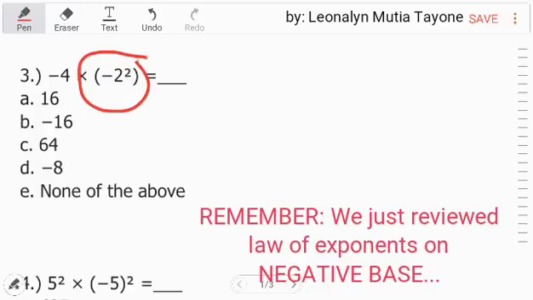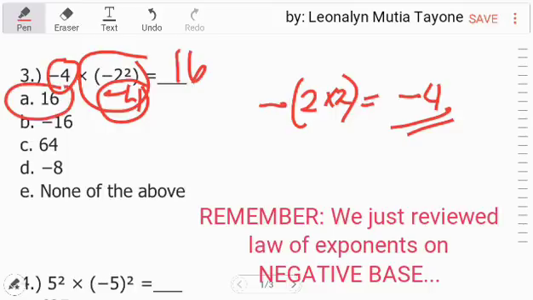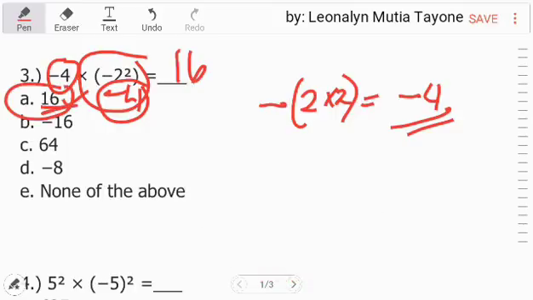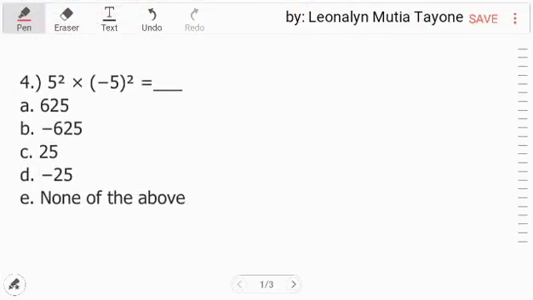Because this negative 2 raised to 2 is equal to negative 2 times 2 equals negative 4. So this is negative 4, negative 4 times negative 4, so our answer is positive 16. Letter A. To understand better, let's go to number 4.